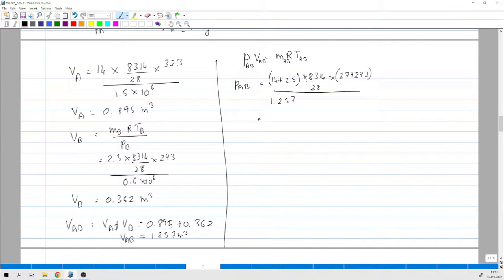So this is 1.169 into 10 power 6 pascals, which is 1.17 megapascal.